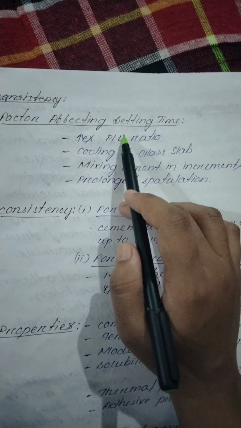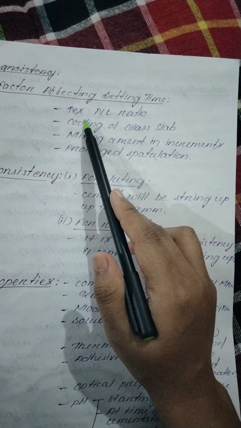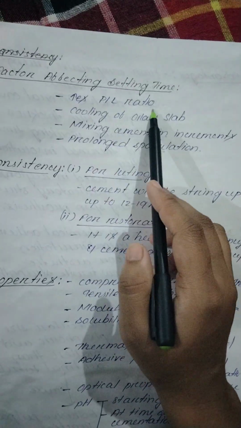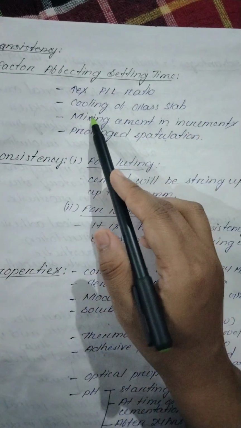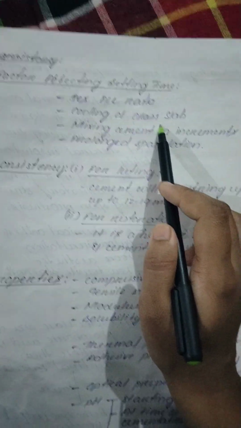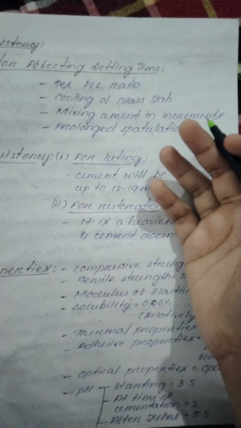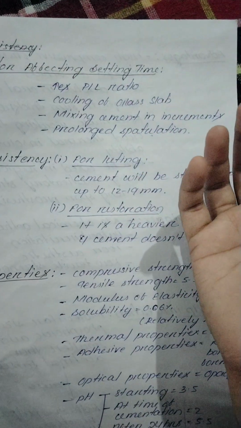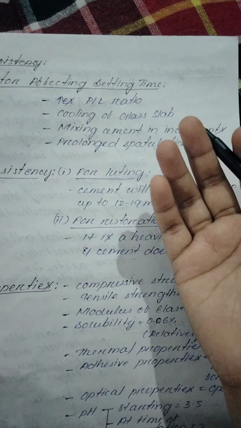Factors affecting the setting time. Increasing the powder and liquid ratio: when you increase the ratio of powder and liquid, it increases the setting time. Cooling of the glass slab: the cooler the glass, the more setting time we will get.